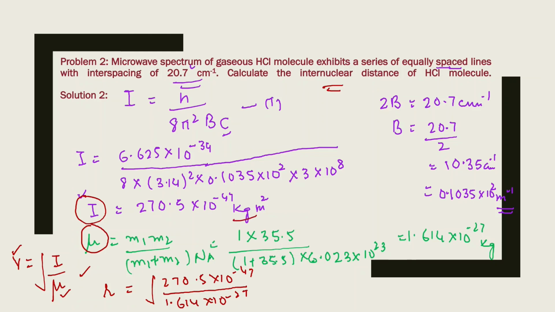Now since the units are also matching with each other, I don't need to do any extra conversion over here, and simply by calculating the square root I get 12.9 into 10 raised to the power of minus 10 meters. So this is the value of my internuclear distance or the value of r. It's just based on the same pattern as we did in our previous problem also. So now you can solve more problems taking into consideration of these numericals.